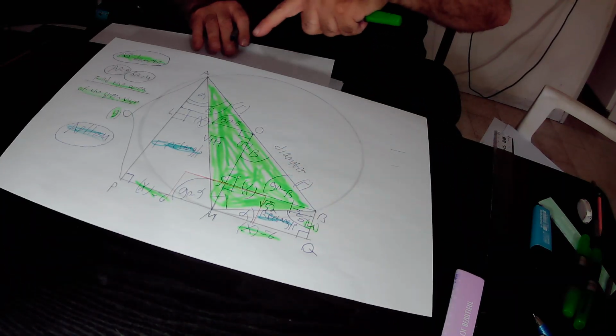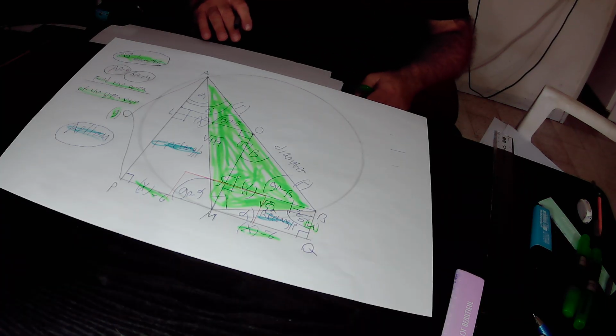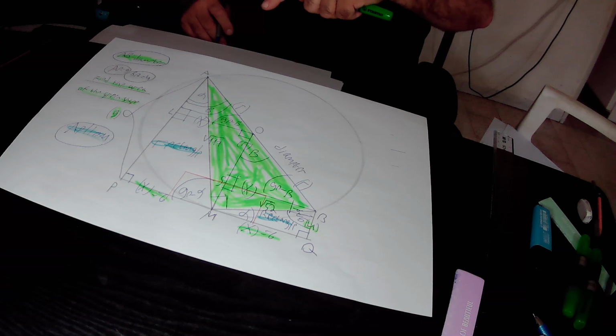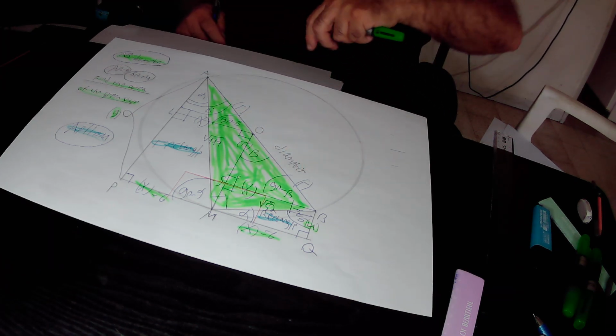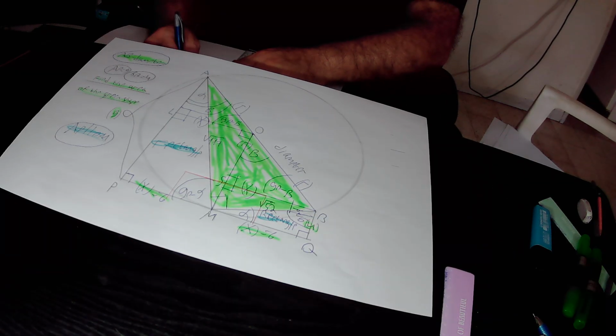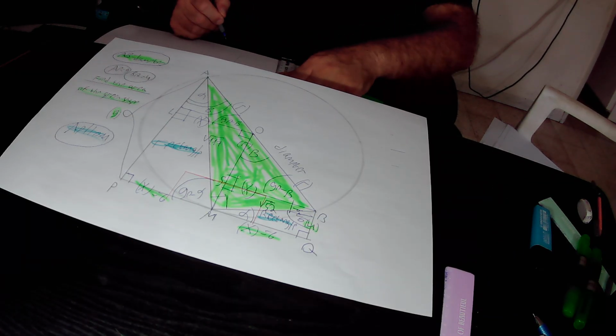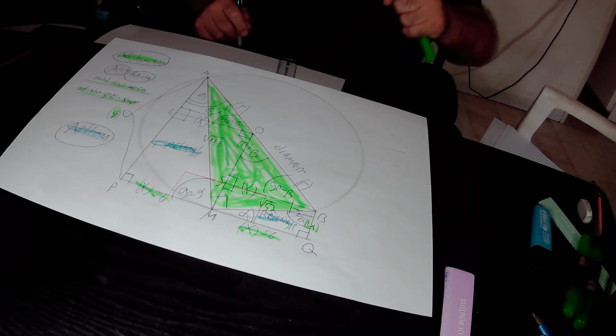Our task is to find the area of this green shape. The green shape is actually the right triangle AMB, so we have to find the area of the green right triangle AMB. We know that the area of any triangle equals the base times the height over 2.